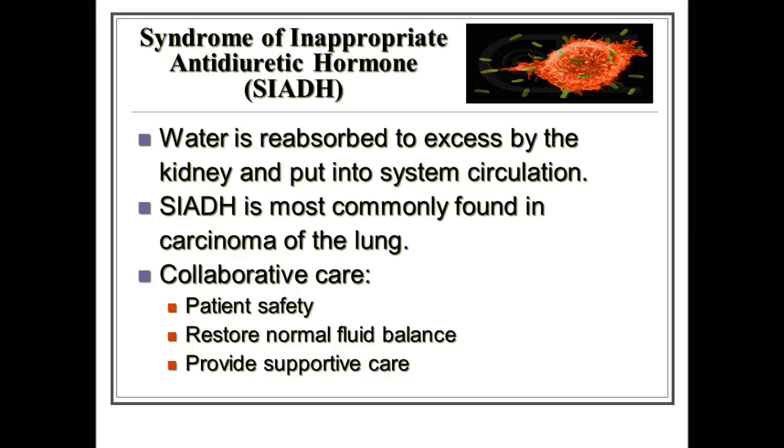You're going to treat the condition and the cause. The nursing priorities would be patient safety, which would be preventing fluid overload from becoming worse, because otherwise that'll lead to pulmonary edema and heart failure. You're going to restore normal fluid balance, and you're going to provide supportive care.